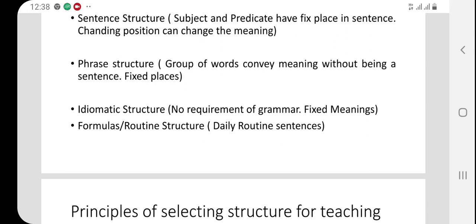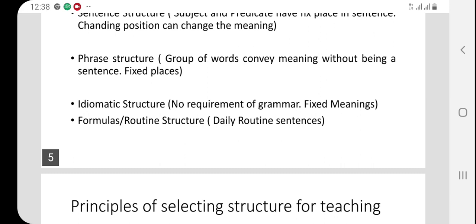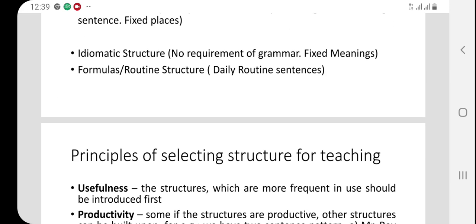All of you must have read many idioms. Whatever the idioms are in structural approaches, they are idiomatic phrases where we do not need any grammar, and we cannot change the places of the words in them. Then the last one is routine structure. Routine structure means the daily routine sentences that we speak, from dawn to dusk, from morning to evening, whatever the daily needs are.